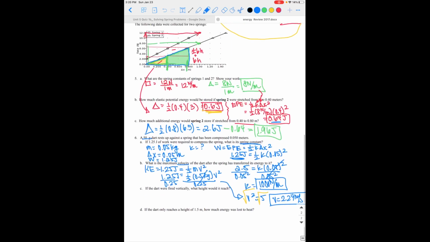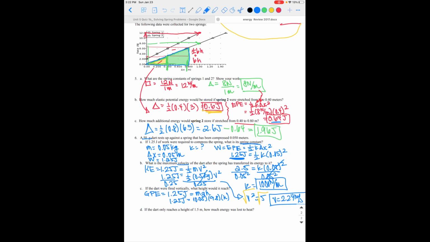Okay, let's do the height. If it were fired vertically, what height would it reach? Again, our energy is going to transfer. So I start off with elastic potential energy of 1.25. It turns into gravitational potential energy. So that's 1.25 joules. The equation for that is mgh. So 1.25 joules is equal to mass of 0.05 times 9.8 times height.